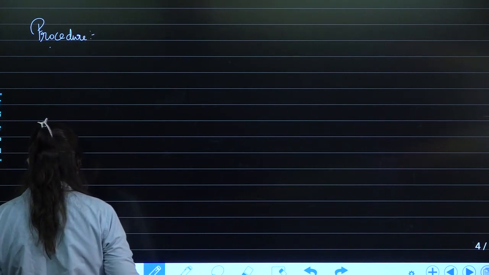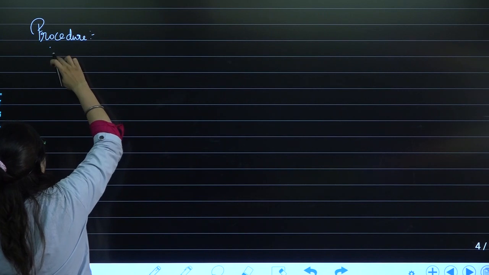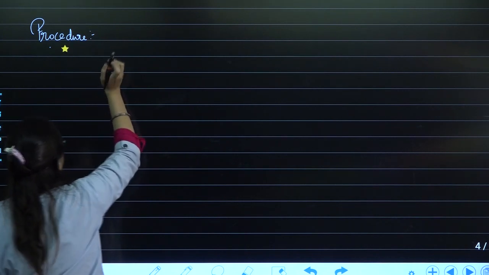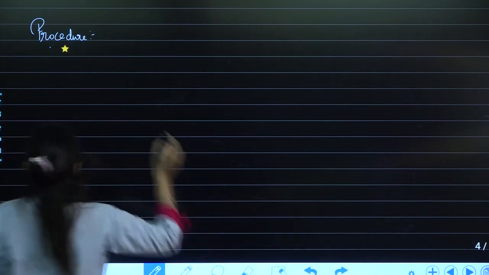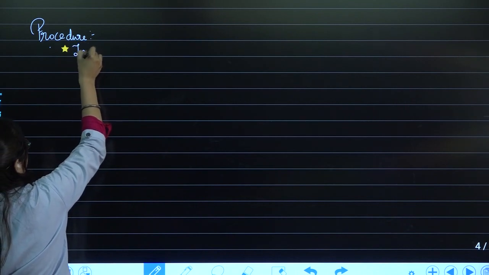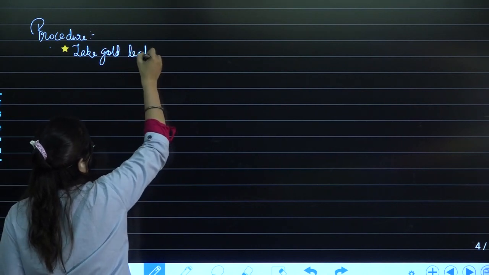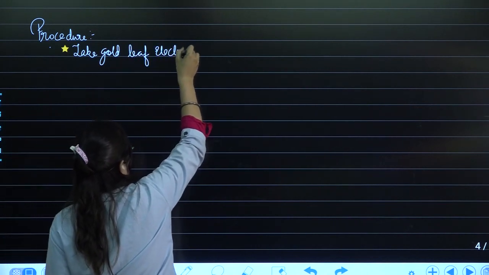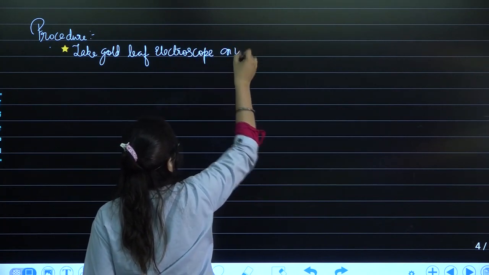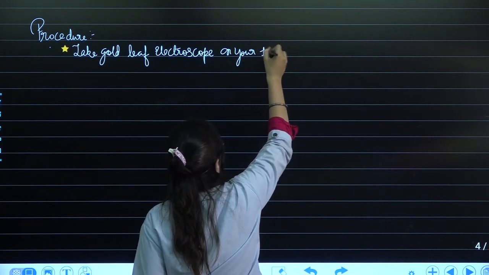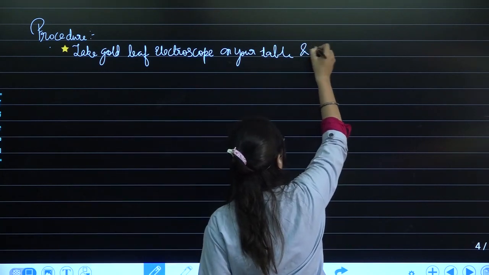Take a gold leaf electroscope on your table and observe it.